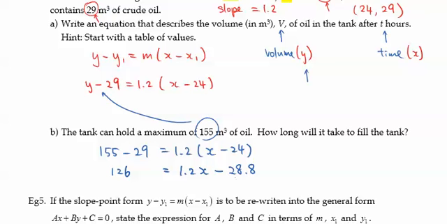And then as you add this number to the other side, we will have 1.2x equals 154.8, and x equals how many? 129, thank you.